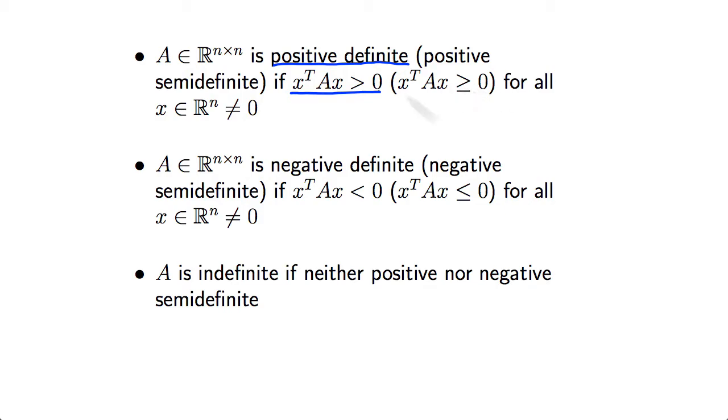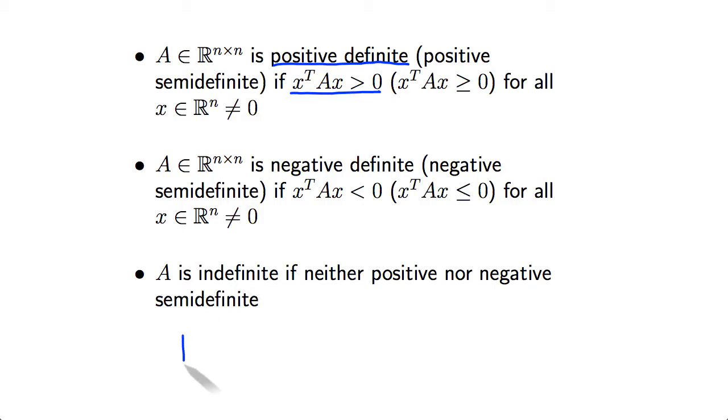And here we can actually let x equal 0 because it's just greater than or equal to 0 for all x. Similarly, it's negative definite or negative semi-definite if this is less than 0 or less than or equal to 0 for all x. And we call it indefinite if it's neither positive semi-definite nor negative semi-definite.